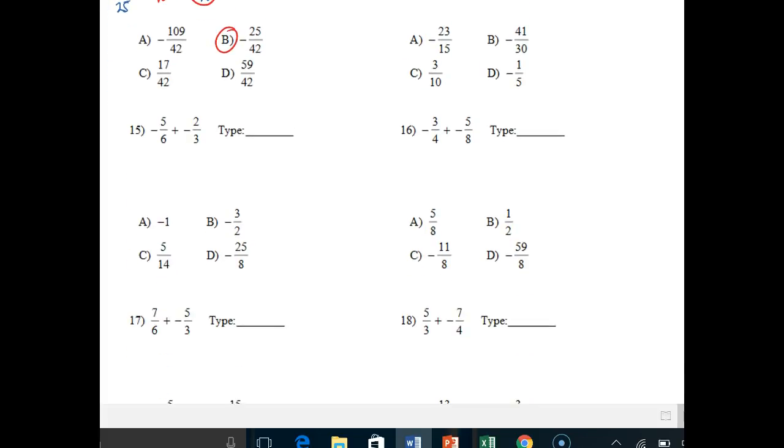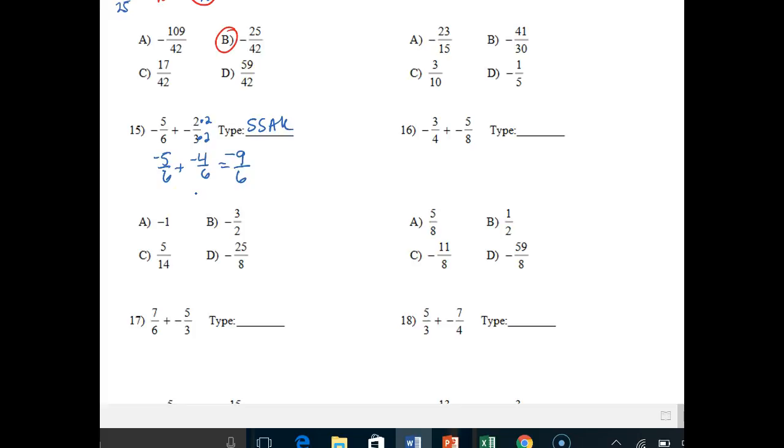Let's do number 15. Let's multiply this guy by 2, this guy by 2. So I have -5/6 plus -4/6. Notice I have 2 negatives, so that's SSAK. So let's just add them up and keep the sign. So -5 plus -4 is -9/6. Right? Notice how you just keep the denominator. Remember your fraction rules.